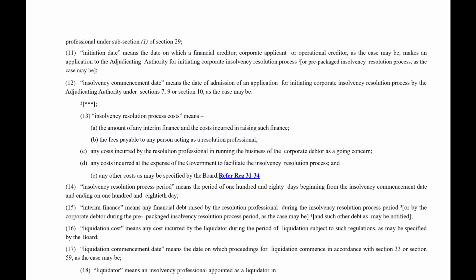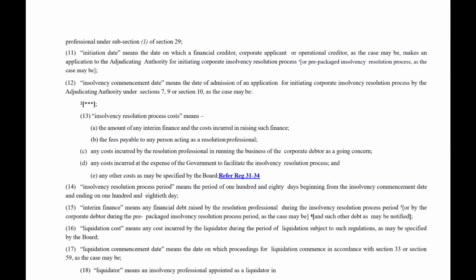But what is the insolvency commencement date? That insolvency commencement date is the date when the application is admitted, right? So there could be a gap between this initiation date and insolvency commencement date. Why it is important? Because it is specified in the act itself as to where we have to see the initiation date and where we have to see the insolvency commencement date.